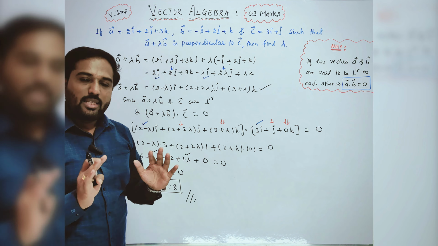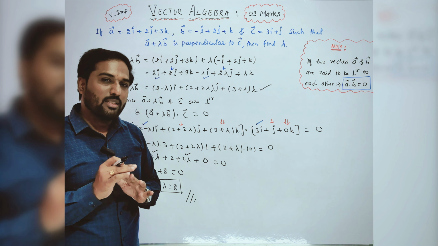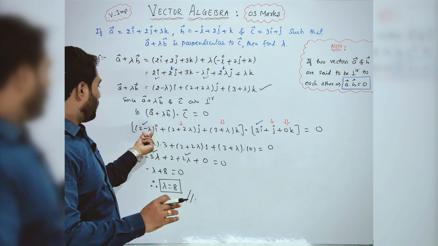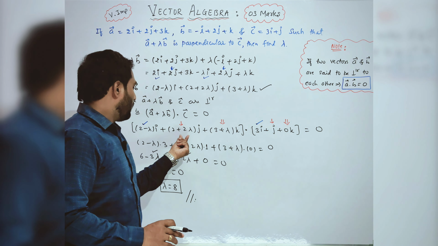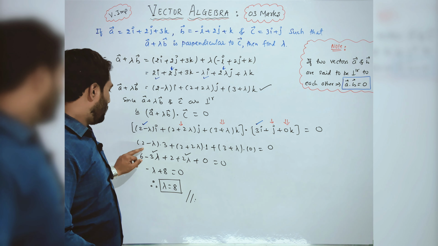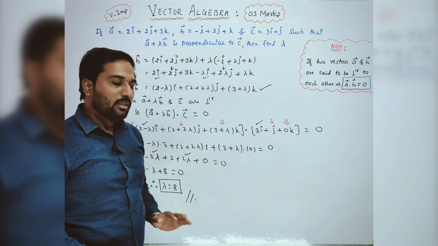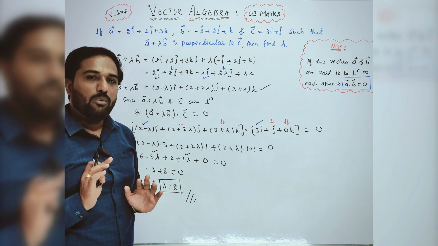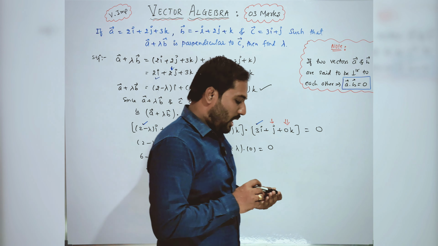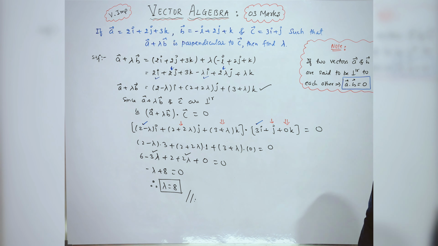Now dot product means we need to multiply the coefficients of i with i, j with j and k with k, with a plus sign in between. Then simplify, and we will get a finite value. Therefore lambda is equal to 8. Isn't it simple? I hope you're understanding this. So clearly observe this and take a screenshot or write it down.